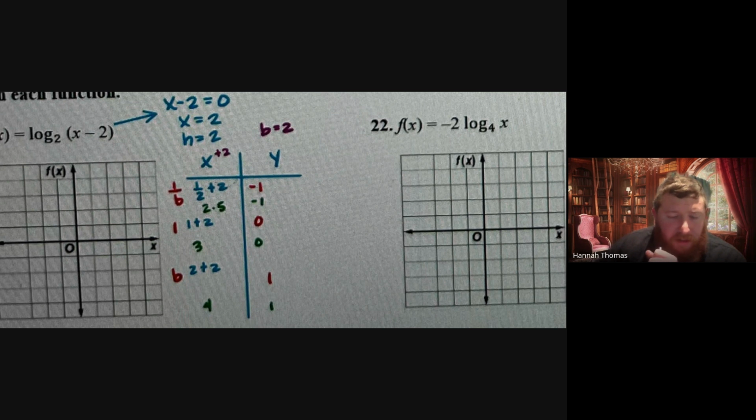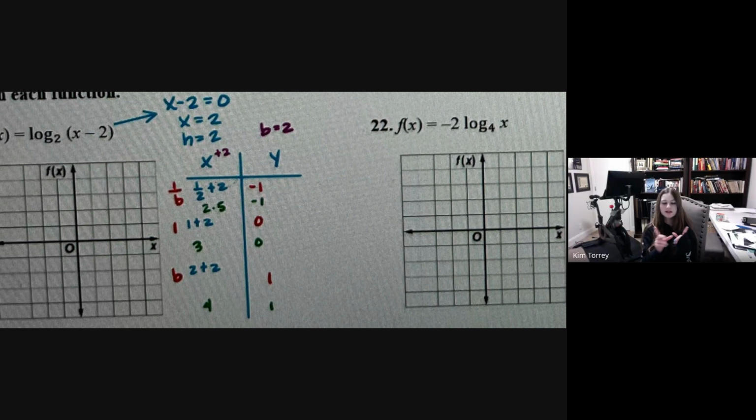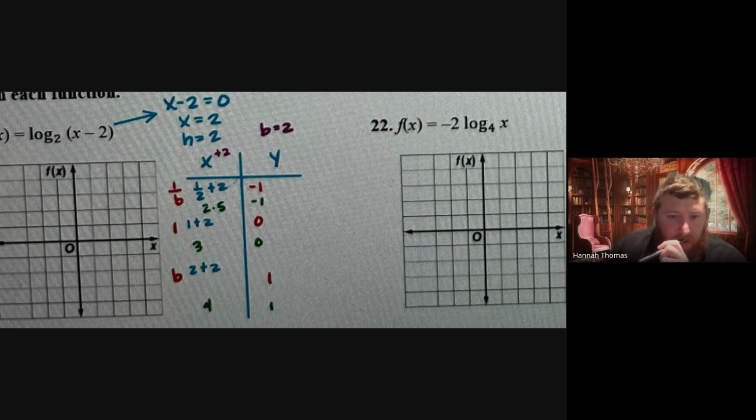So everything he wrote is blue and red, right? Yeah, like he did that problem himself. Okay, so it's the base of 2. So it's 1 over the base, so it's 1 over 2 plus 2, and then it's 2 times 5, and then 1 plus 2, and then 3.